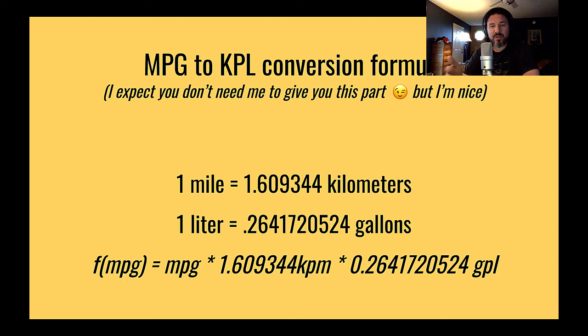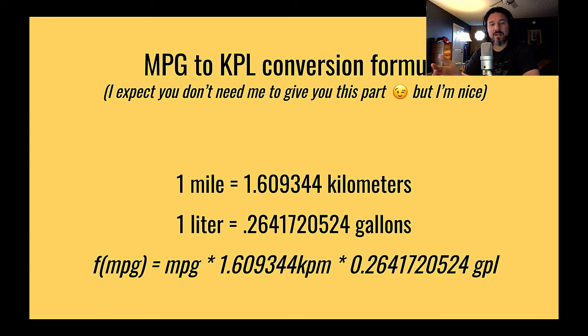Same thing for liters: 1 liter is 0.26417200524 gallons. And that works out to a nice gallons per liter, which makes the equation nice and easy. All multiplication: multiply the miles per gallon times those two values, and we should get the kilometers per liter.